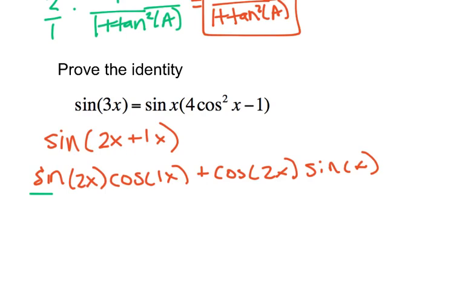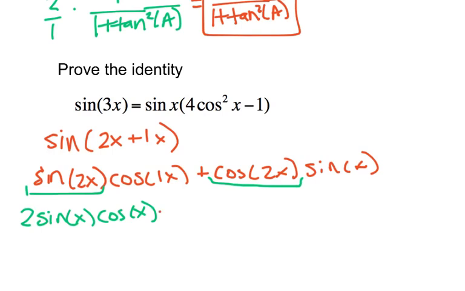So sine of 2x, we're going to use one of our formulas from this lesson, and cosine of 2x, we're going to use another one. So sine of 2x, I'm going to change to the only one that it has, so 2 sine of x cosine of x, and then of course the same cosine of x that was already there.